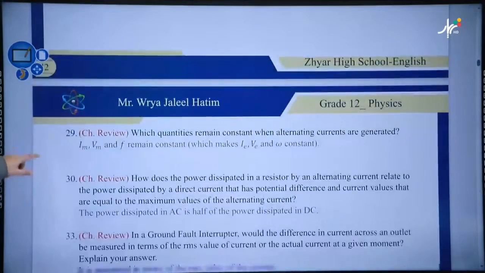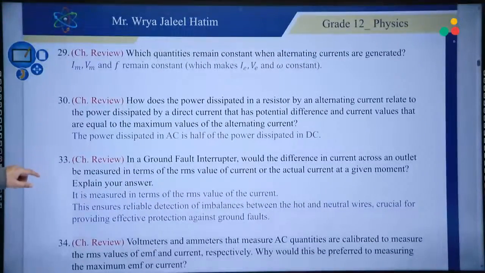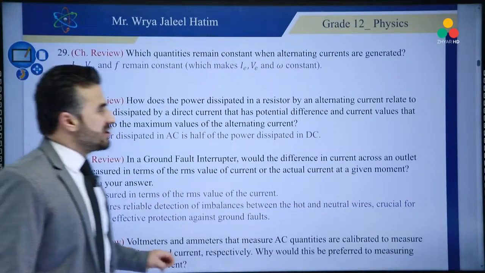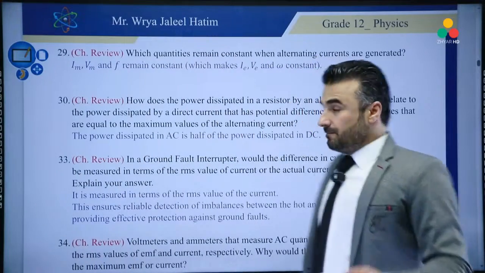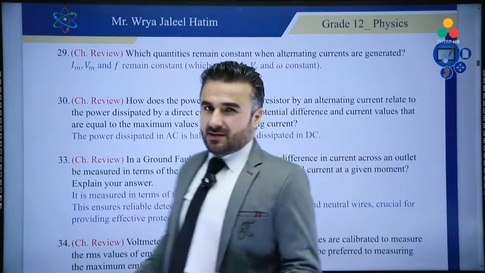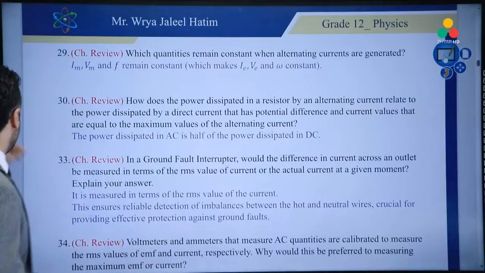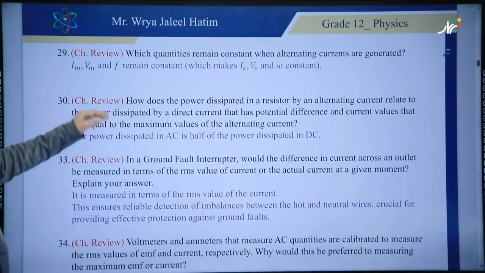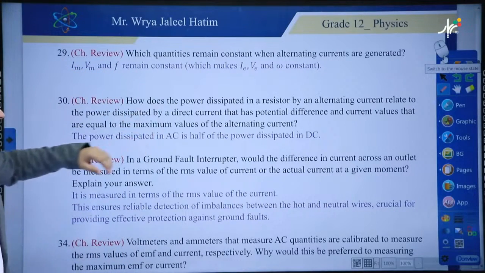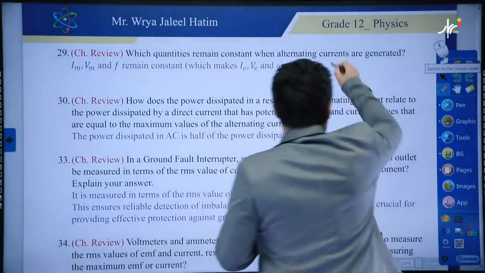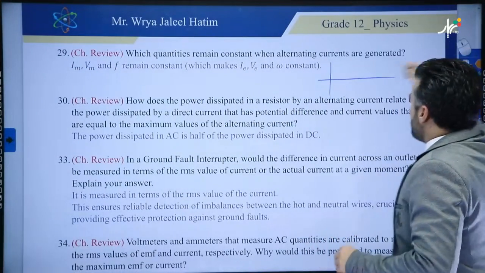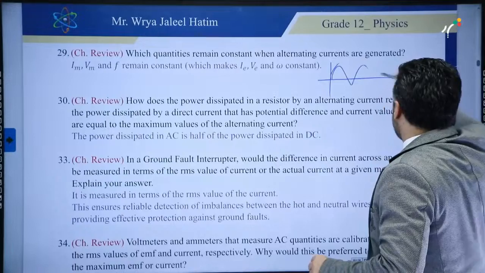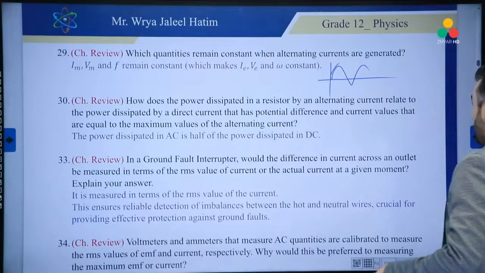Okay, now we have a question here. It says, which quantities remain constant when alternating currents are generated? This is pretty simple to answer. Let's say this is for the current, okay?